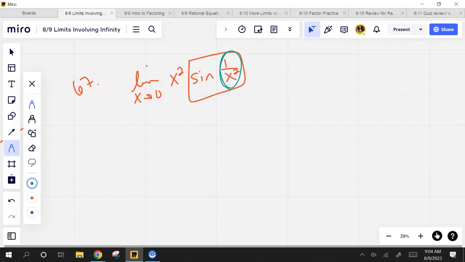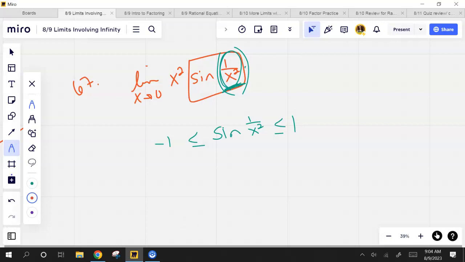And that's by definition what sine is. Sine is always that. So this part doesn't matter. It's the fact that it's the sine of something. Well, the sine of something always has to fall between negative 1 and 1. So I'm going to set this between negative 1 and 1. Yes.